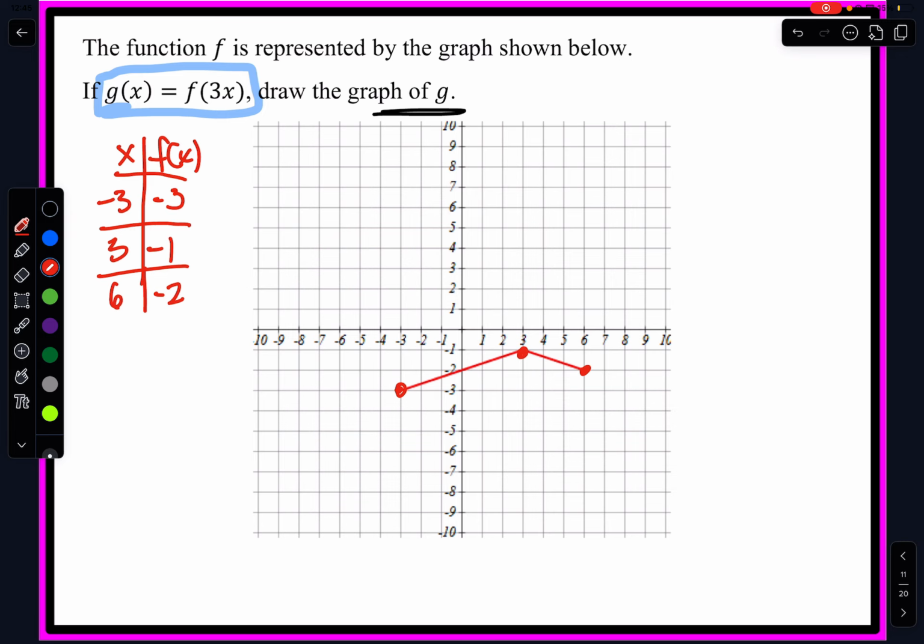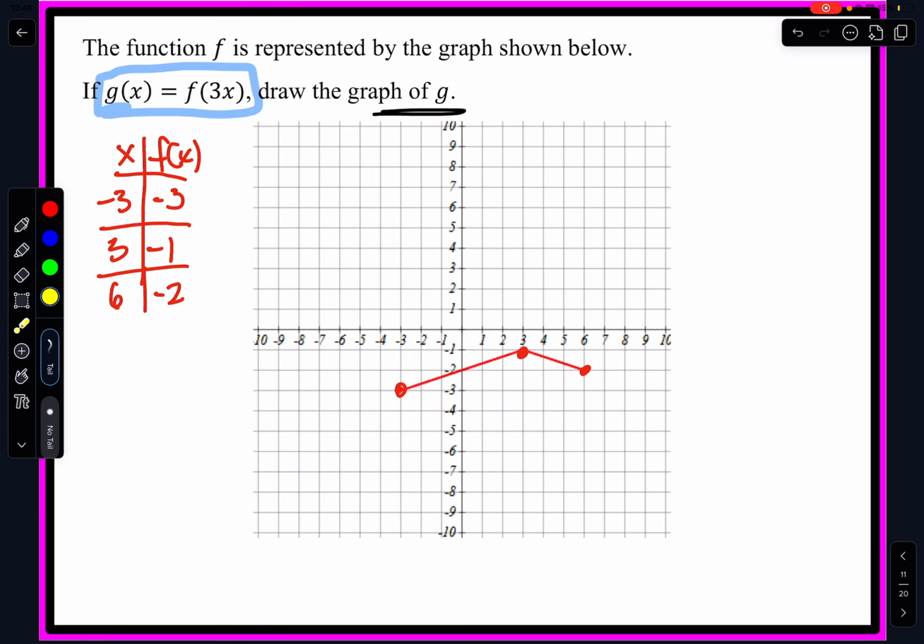We're not going to multiply these numbers by 3 and make it wider. We're going to do the opposite, and this is going to result in a horizontal shrink. So we're going to make it thinner and get closer to the y-axis.